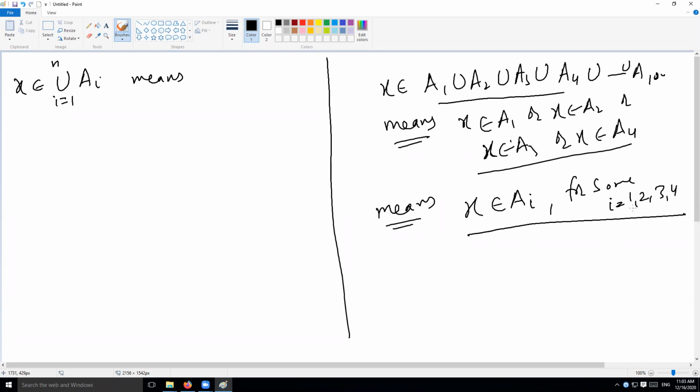So therefore you are saying that out of all these indices, there is at least one index. That index can be 1, 2, 3, or 4, in which x belongs actually. समझ आ रही है बात?